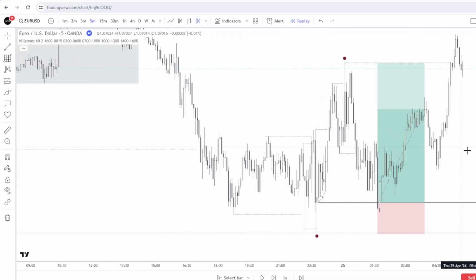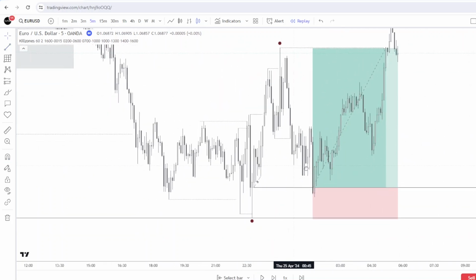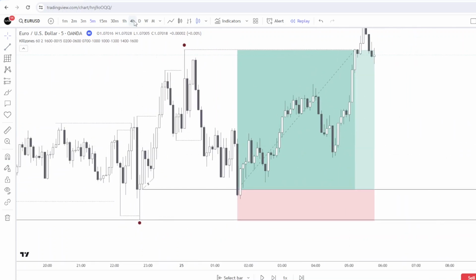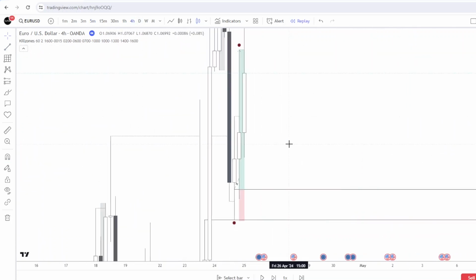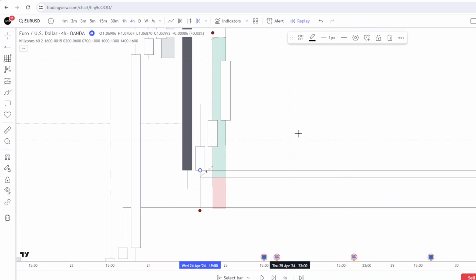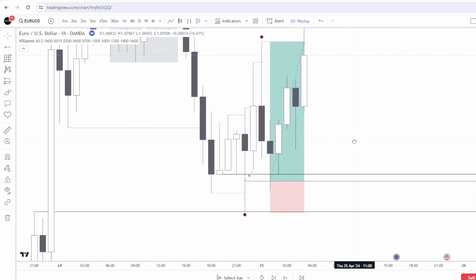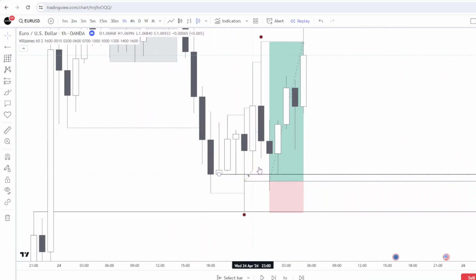Let me just check if I didn't get a tighter entry. I don't remember. I'm just going through the price now. Let me check the H4. On H4 we have an unmitigated wick here. H1, what do we have? In H1 we don't have anything. As you can see, this is a wick, this is a wick, this is a wick.